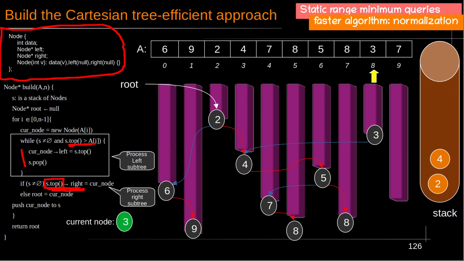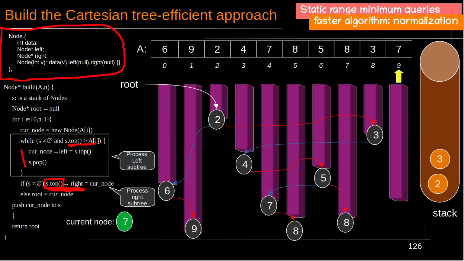So we are sure that all the elements below 4 here are greater or equal to 4. So 2, we are sure that the element on the top here, which is 2, is lower than 3. So we can say that now the right subtree of 2 is that current node. And we push 3 to the stack, and we go to 7.